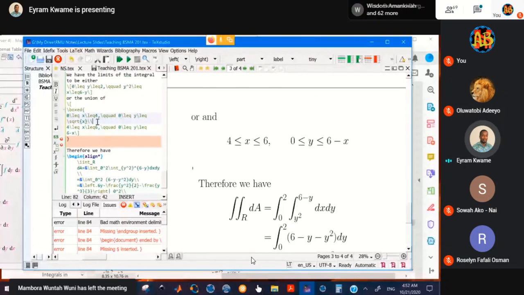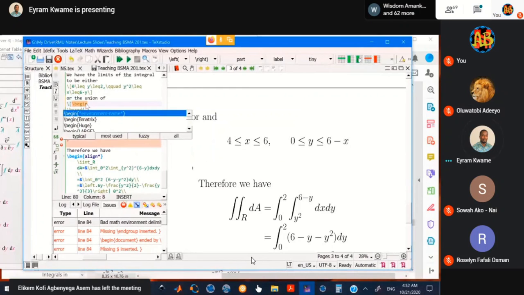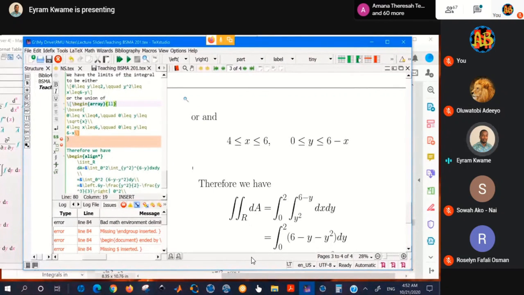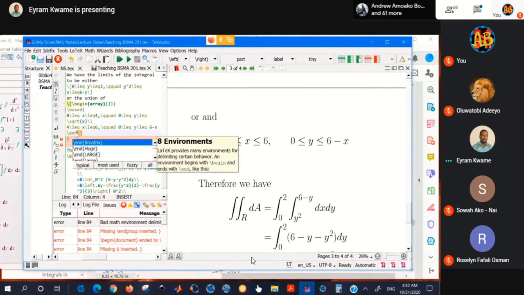What I'm trying to do here is basically just formatting. Begin array. Left. And array.